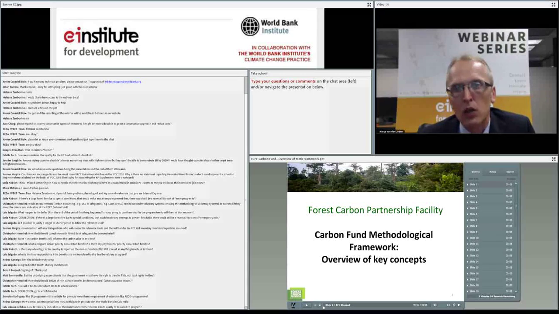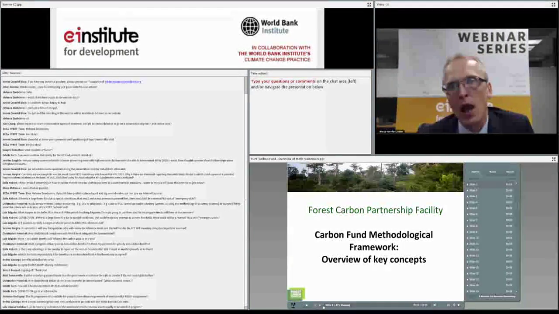And then the World Bank will be reporting that back to the Carbon Fund. What we want to avoid is that you have a separate process of monitoring or reporting on the World Bank safeguards, and then a separate process on the UNFCCC/Cancun safeguards. So that's why the methodological framework is really encouraging you to look at that in an integrated way and take both of them into account when, for example, you're designing your safeguards information system.